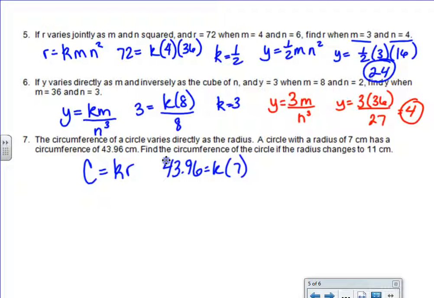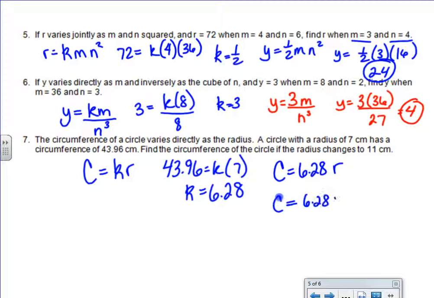Now we know you're supposed to include the number pi when it comes to solving for circumference, but the other reason you're seeing decimals here is because they've already incorporated an approximation for pi. So we get k is 6.28. That should seem familiar to you. That is twice as big as pi. So basically what they're telling me is circumference is 6.28 or 2 pi times r, which is exactly what circumference is. What about if the radius changes to 11 though?